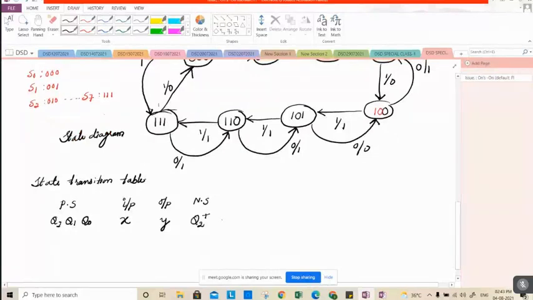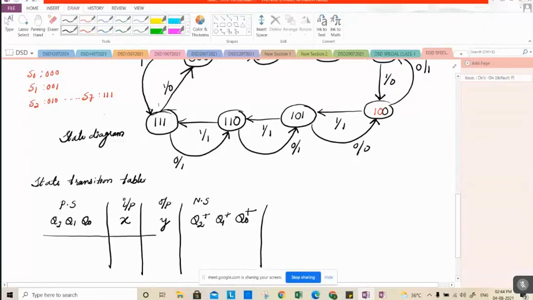So Q2 plus, Q1 plus and Q0 plus. Is it clear how we arrived at these variables? We have the present states, the input value X, the output value Y, and the next state conditions which are Q2 plus, Q1 plus and Q0 plus.